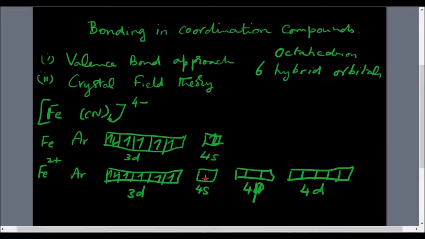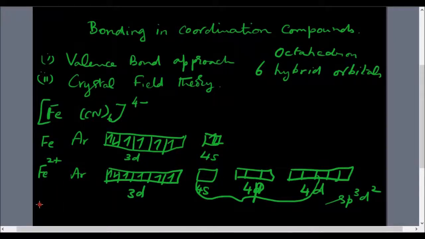We can take the vacant 4s, 3 4p and 2 4d and hybridize them to get 6 sp3d2 hybrid orbitals. These are called sp3d2 because we have taken 1 4s, 3 4p and 2 4d in the same order as spd, so we call them sp3d2 hybrid orbitals.